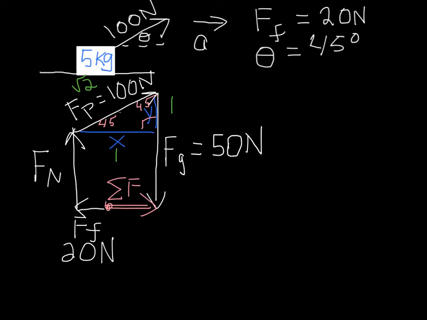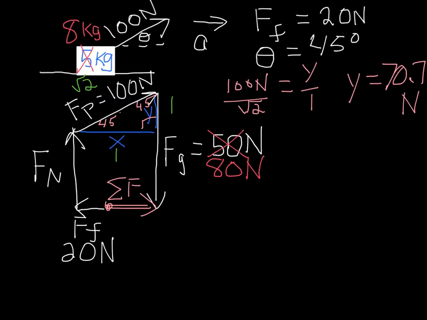So if we do 100 newtons is to square root of 2 as y is to 1, then y is going to be 1 times 100 newtons divided by square root of 2, which according to my calculator is 70.7.